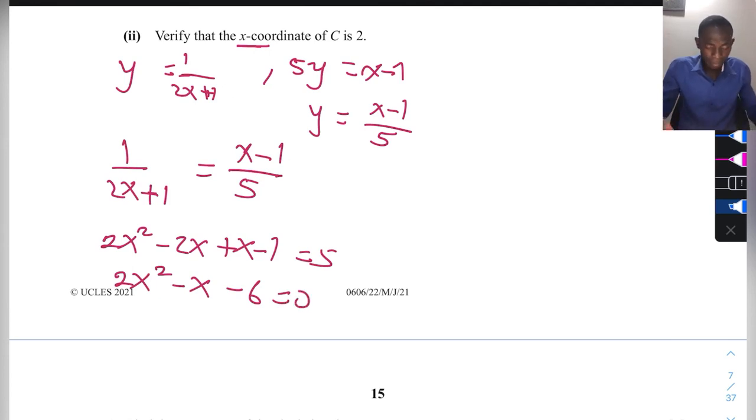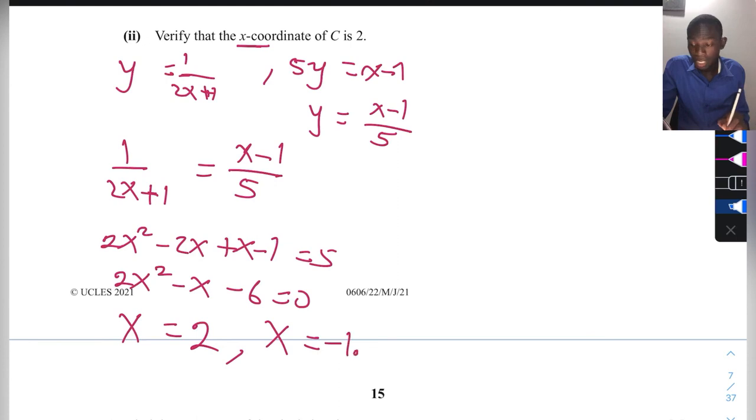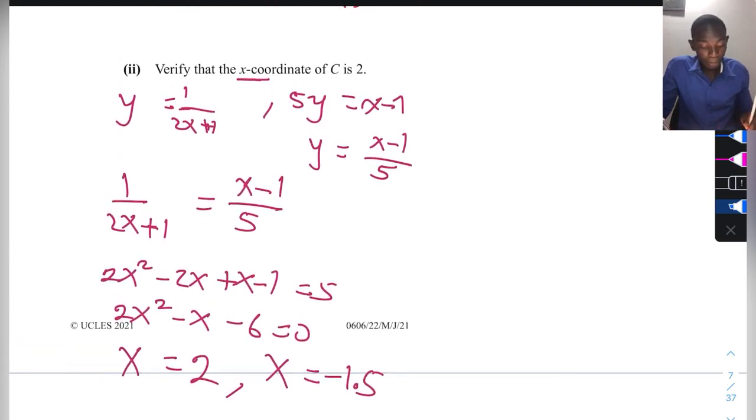Something like that. At this point, I'm just going to use the calculator to solve it. I'm very tired, sorry. So 2, negative 1, negative 6. Calculator says x is equal to 2, and then x is equal to negative 1.5. Now, you may be wondering, which one do you choose?